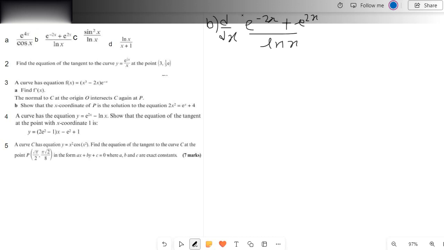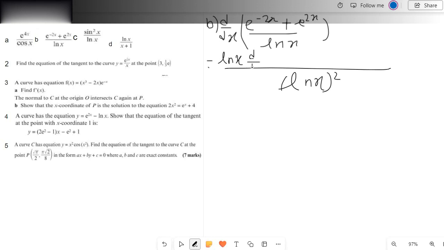Again, using the quotient rule, we will have ln x whole squared at the bottom, and then ln x multiplied by the derivative of (e to the power minus 2x plus e to the power 2x), subtracted by (e to the power minus 2x plus e to the power 2x) multiplied by the derivative of ln x.